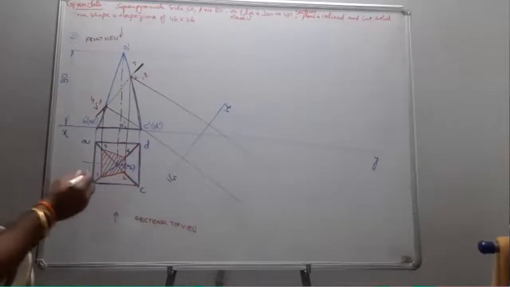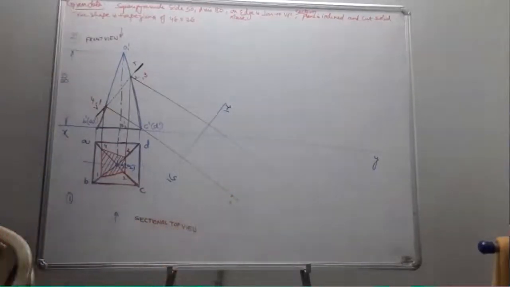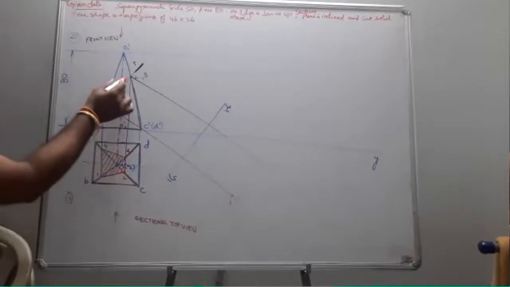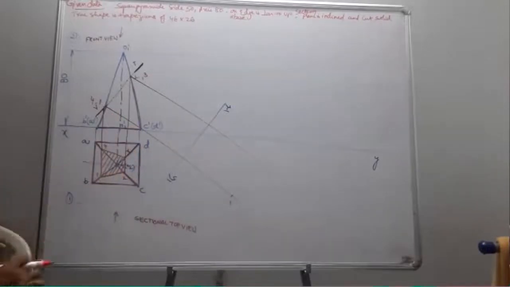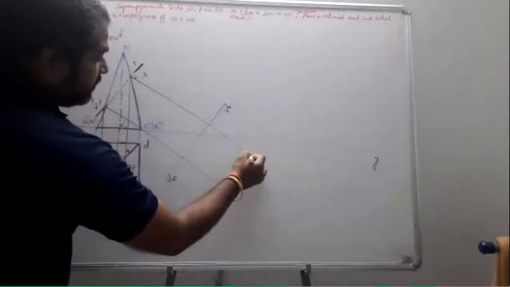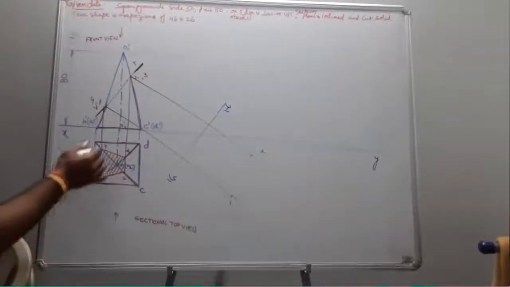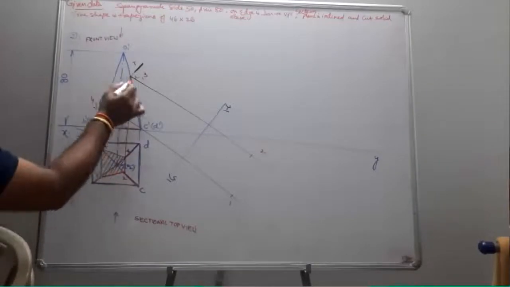So this was your point 1. Next, let us see point 2 is going to be here. This was the 2 projector. I just take the distances from here and I place it here. This becomes my 2. Next, let us place point 3, which is on the same projector.